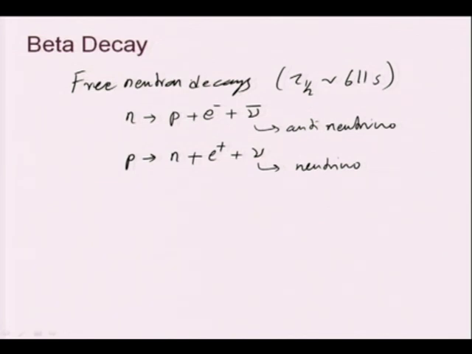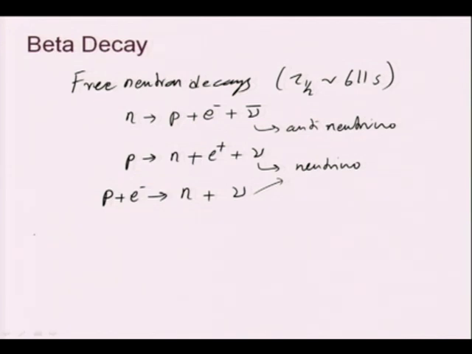Then we have the electron capture. Electron capture is P plus E minus going to neutron plus a neutrino. So, this is also a neutrino. These are the basic decays. Let us look at the neutron decay first.